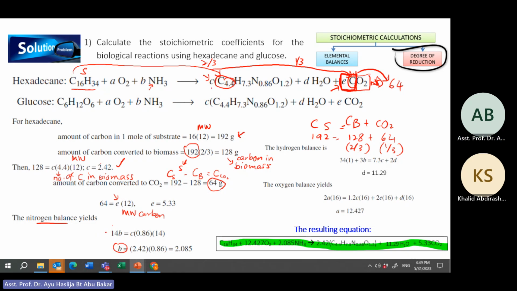Molecular weight of the N. This is molecular weight of N. Okay, C we have calculated earlier. 0.86 refers to the N over here. Multiplied by molecular weight of nitrogen. So you will get B.